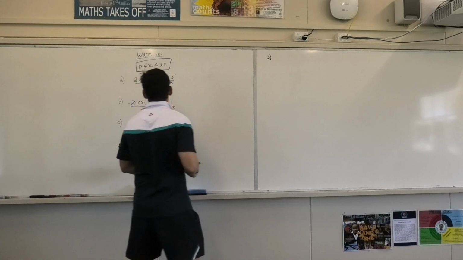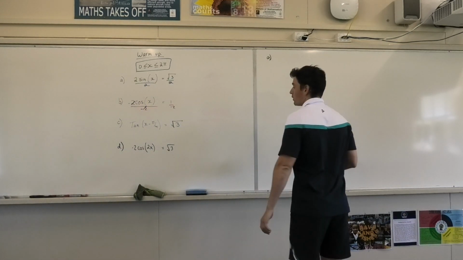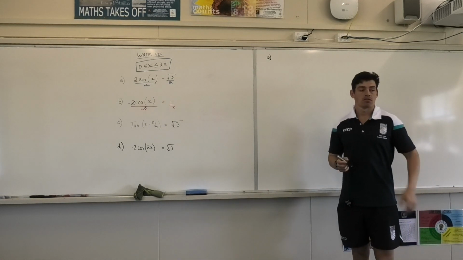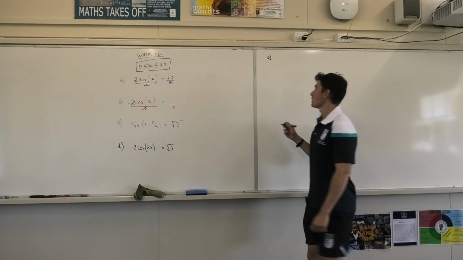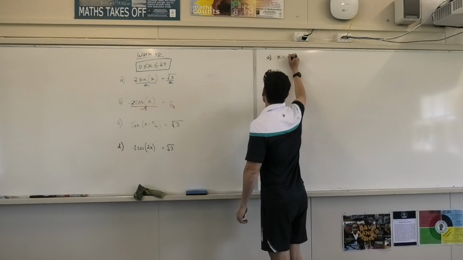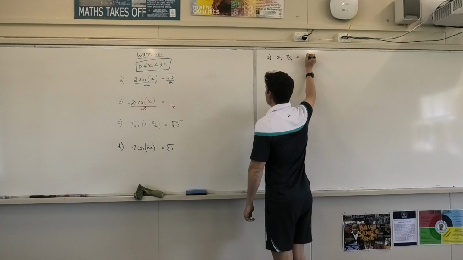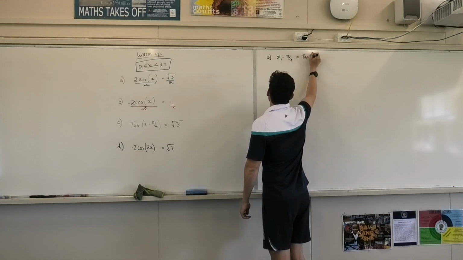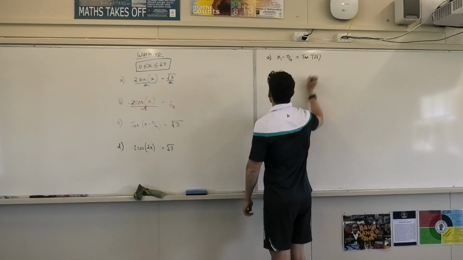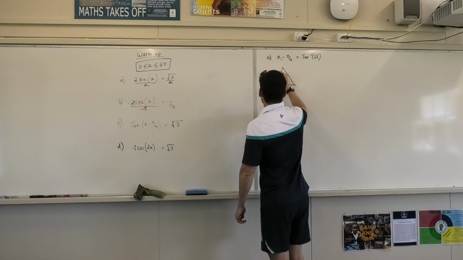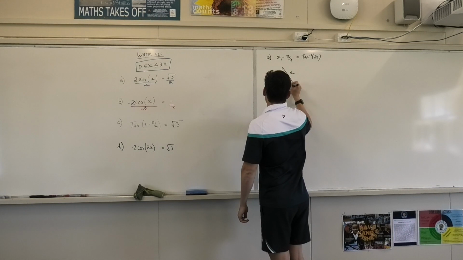So in this question here, I do the same thing with my rearranging. What should I get rid of first? The pi on 4 or the tan? Tan. So I get rid of the tan first, and I've got x minus pi on 4. I'm going to put x1 equals tan negative 1 root 3. I draw my exact triangle again: root 3, 2, and 1.